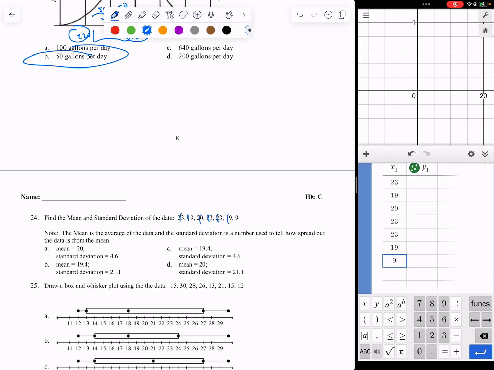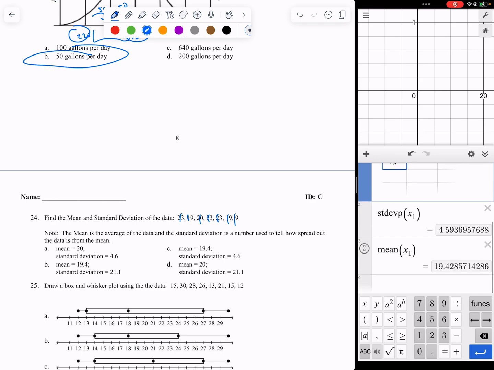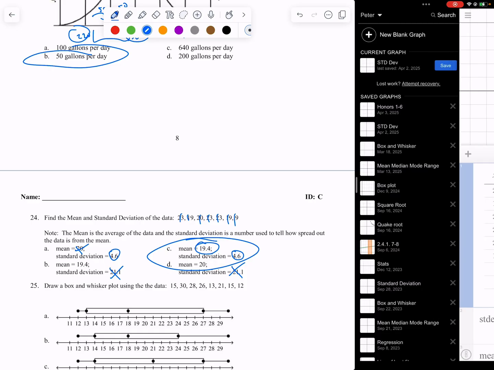One, two, three, four, five, six, seven. I always recount what I put in the calculator, so make sure it makes sense. Standard deviation 4.6. Mean 19.4, not 20. So C.